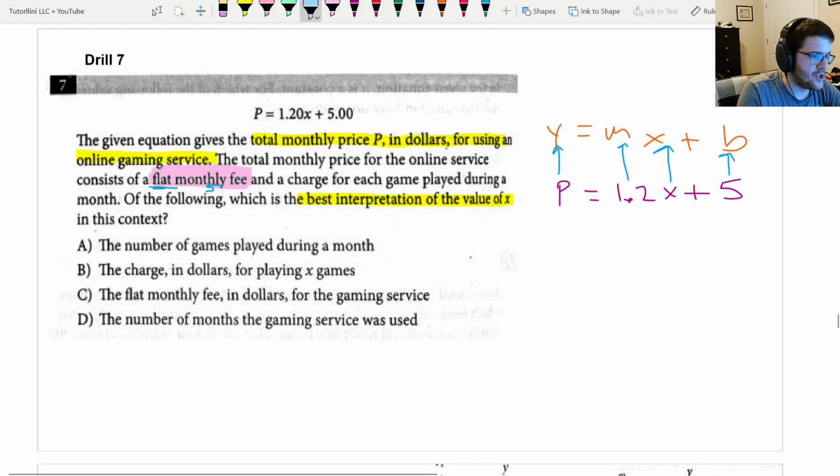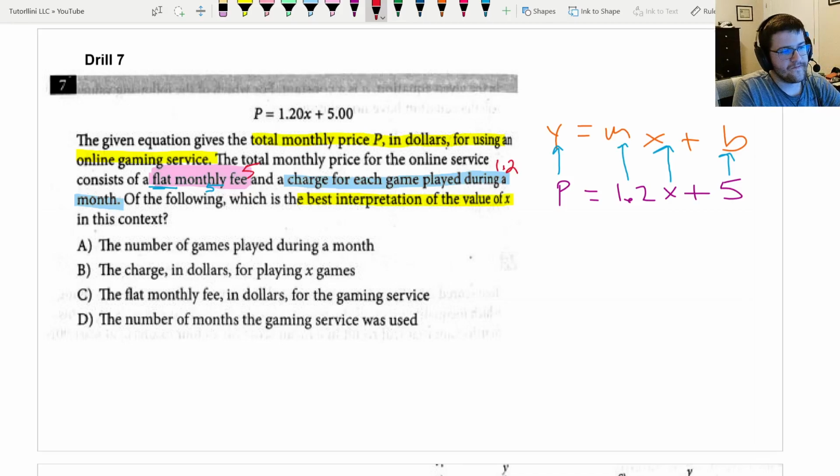And then it says a charge for each game played during a month. That is talking about the 1.2. So this is the 5, and this is the 1.2. It's talking about the slope.